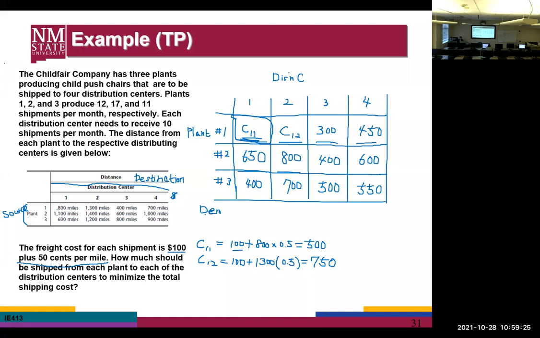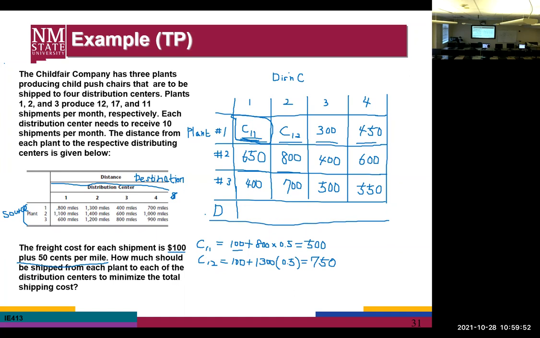Okay, so now next, what you're going to do is put the demand amount. Let me just use capital D. Capital D stands for the demand amount at each distribution center. That's going to be the minimum requirement, right?